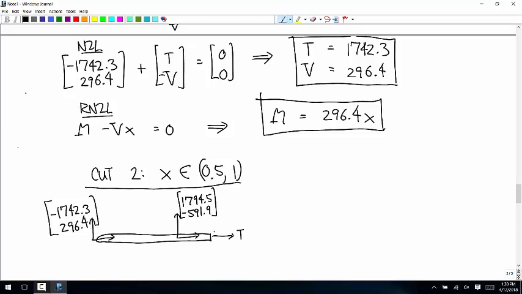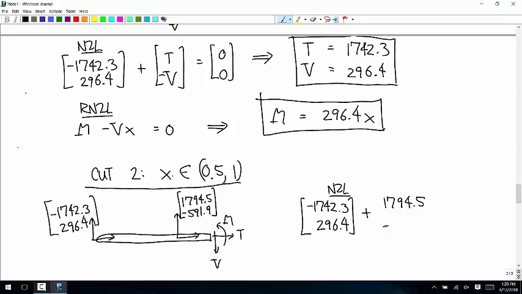And then the internal loads. So Newton's second law says negative 1742.3, positive 296.4, plus 1794.5, negative 591.9, plus T, negative V, is equal to zeros.